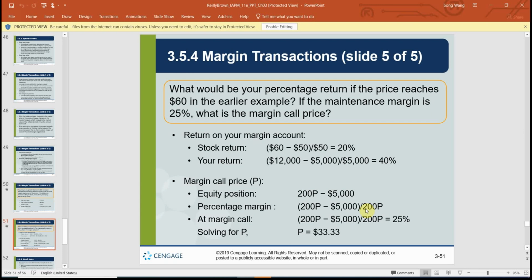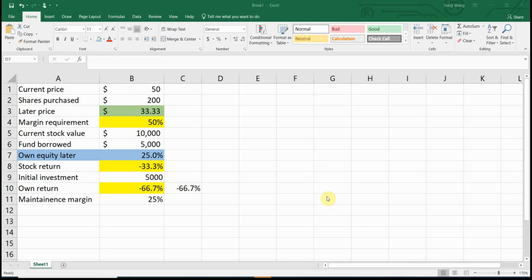That's basically what we did with the solver, but this can be done in a very simple line of mathematical formula, which is 1 minus the amount you borrow divided by the current price times shares. Let me show you how to get this 33.33. You have a later price, and it equals 1 minus the amount of shares times the later price.